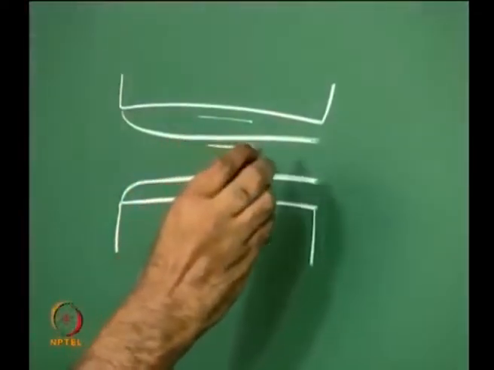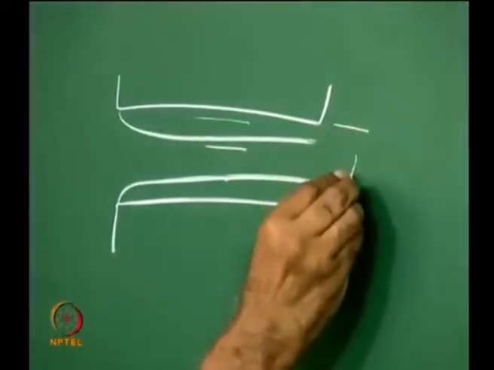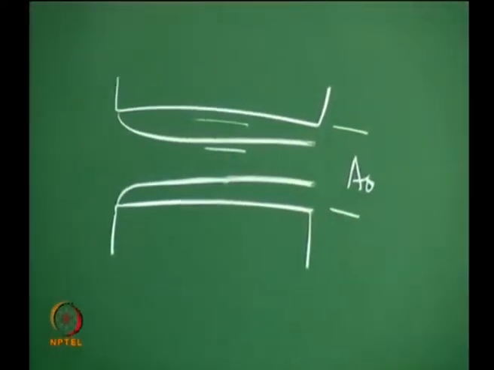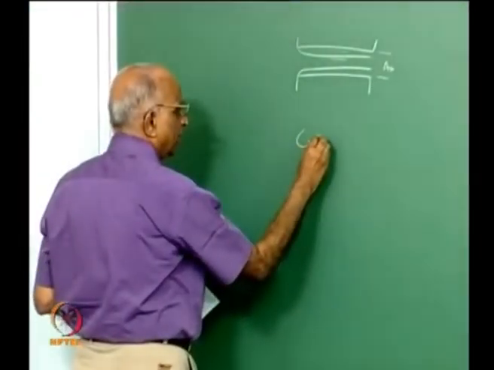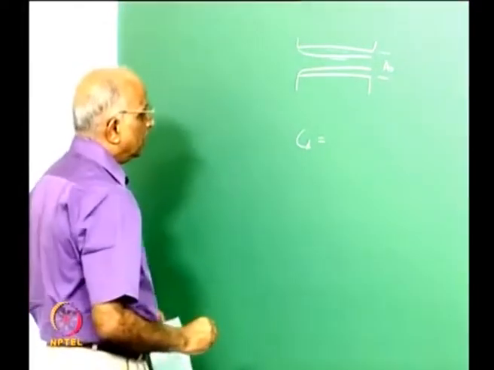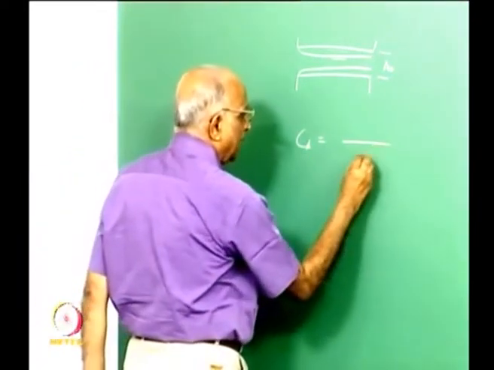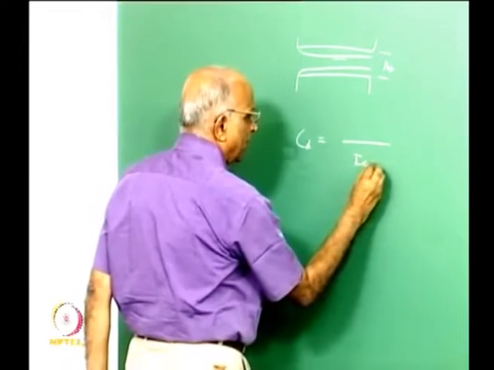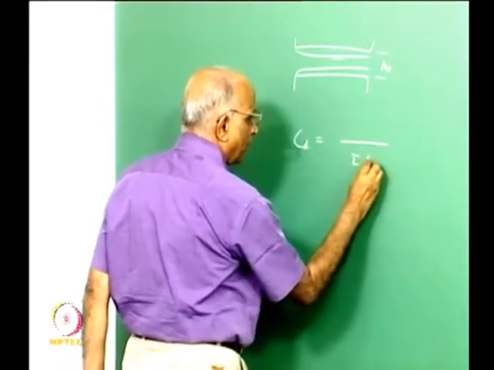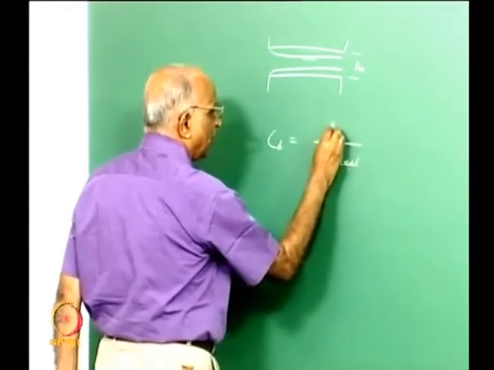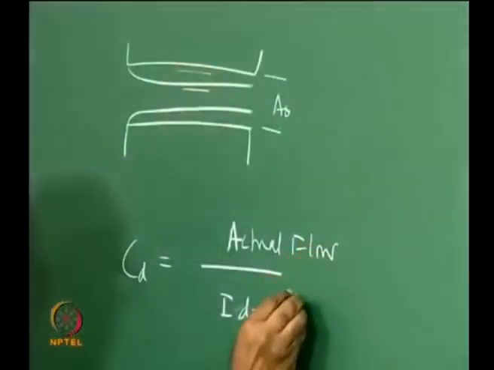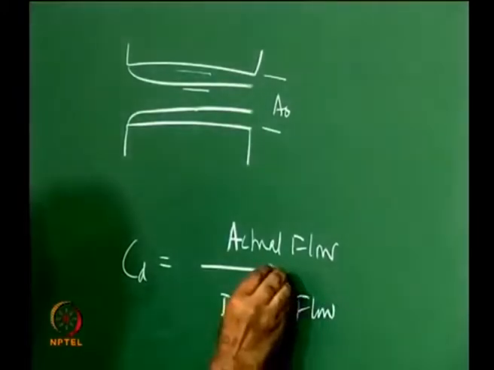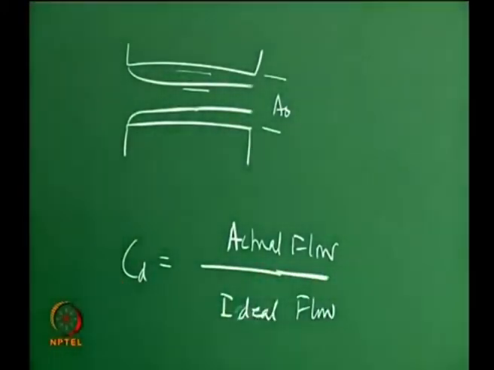We find that based on the orifice area, which is A0, I can define a coefficient, namely a discharge coefficient, as something based on the ideal mass flow and the actual flow. I could call it a discharge coefficient.